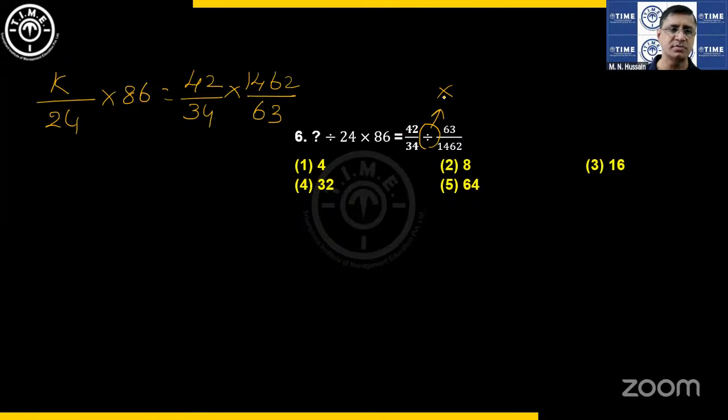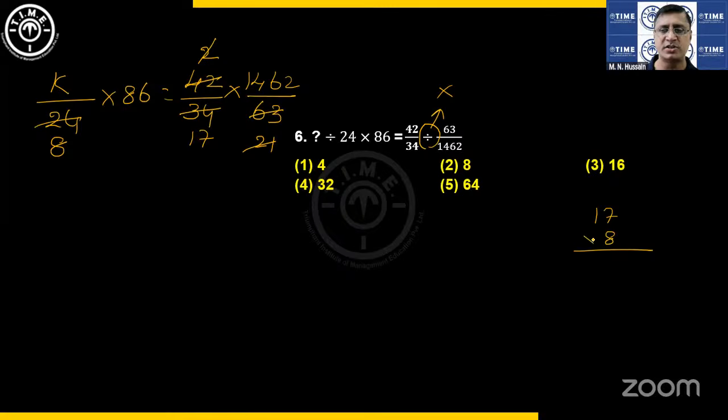Now simplify this. What is the cancellation? 3 goes into 21 7 times, 3 into 8... 21 2 times, that is 42. What about 2 in 34? It goes exactly 17 times. 17 into 8, what is the value?